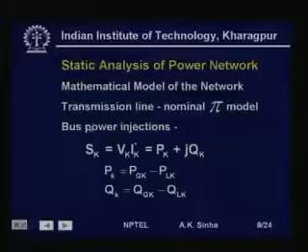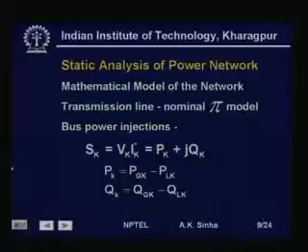Now, we consider bus power injections rather than generation and loads separately. So, as we saw just now, we find out the injections at each bus bar, which we had seen is equal to the generation minus load at that bus bar.